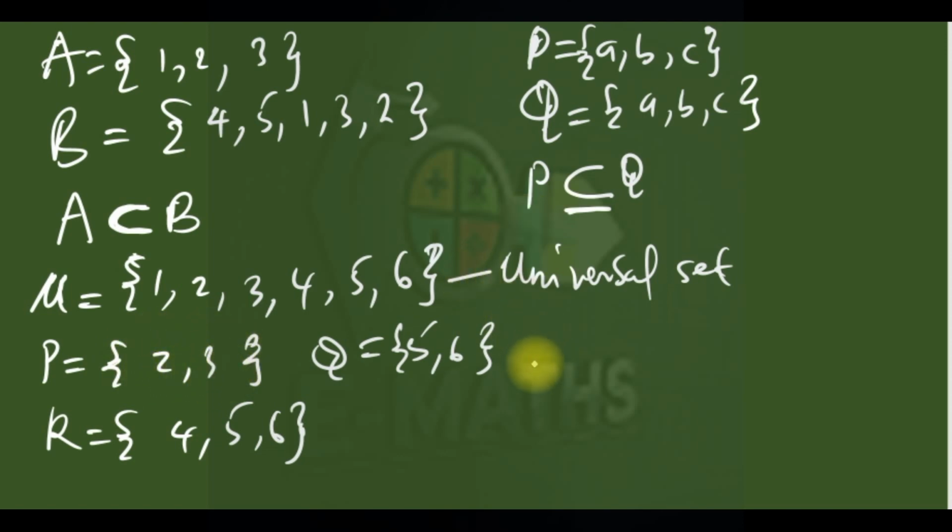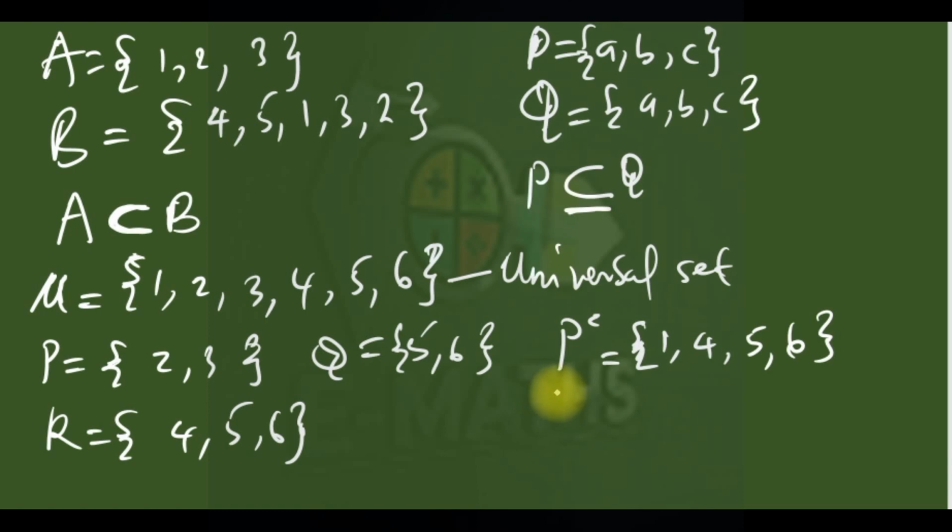To get the complement of P, written as P raised to power C or P prime, we take the elements that are in the universal set but not in P. So 1 is not in P, 2 is there, 3 is there, 4 is not there, 5 is not there. So this is the complement of P.